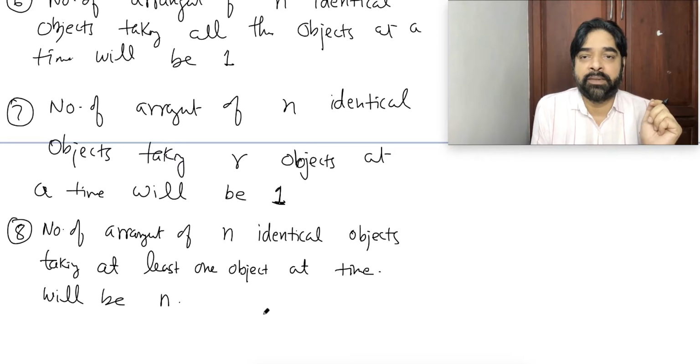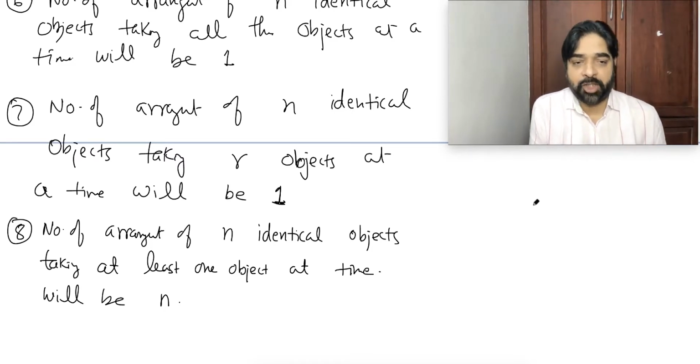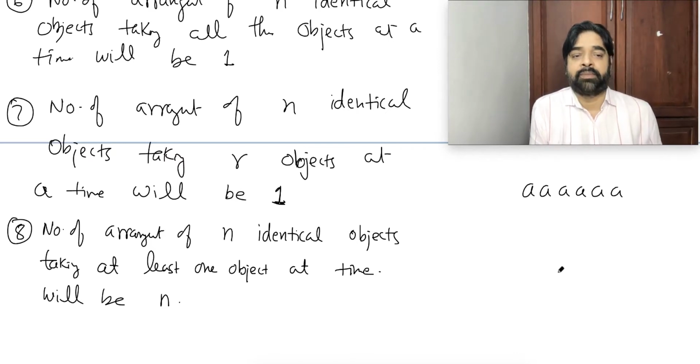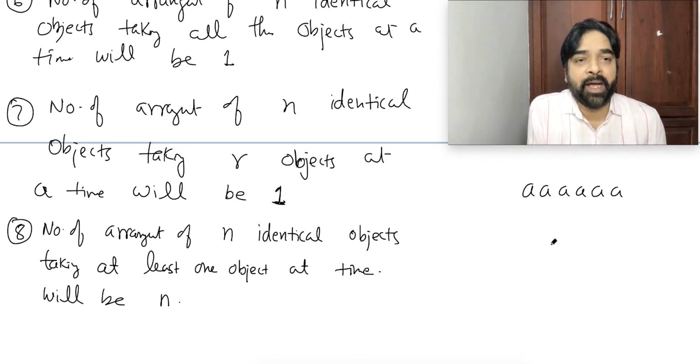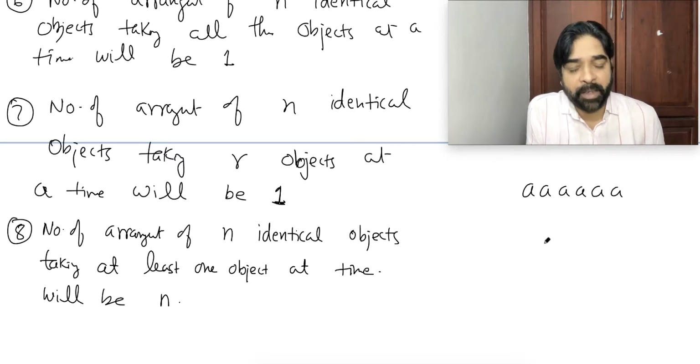Are you able to understand, everybody? If I ask you, for 6 A's, in how many ways can we make at least a one letter word?